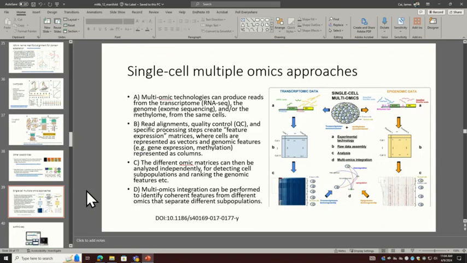Okay, so in recent years, this multi-omics approach has become feasible, and you can get other omics information.